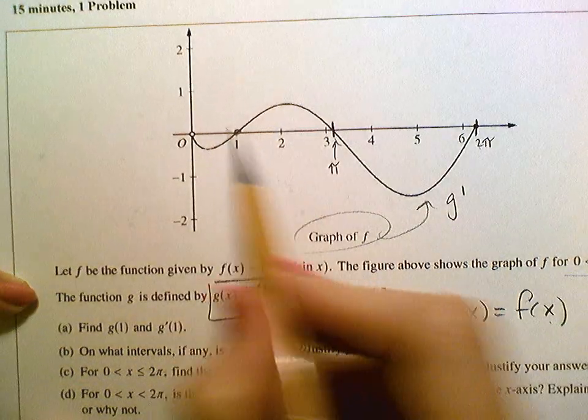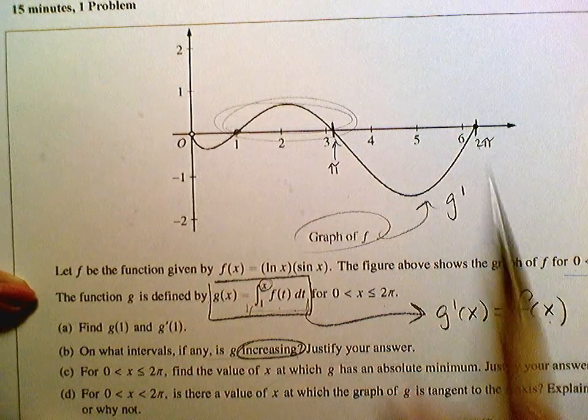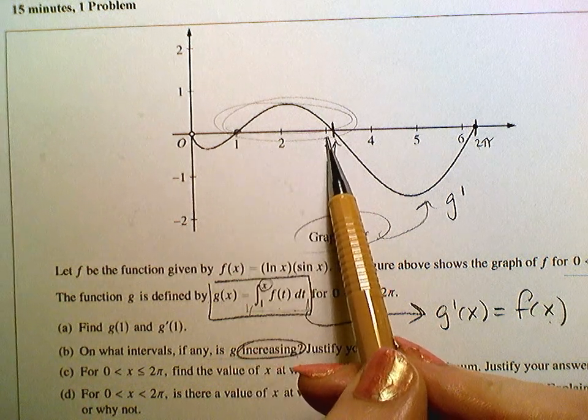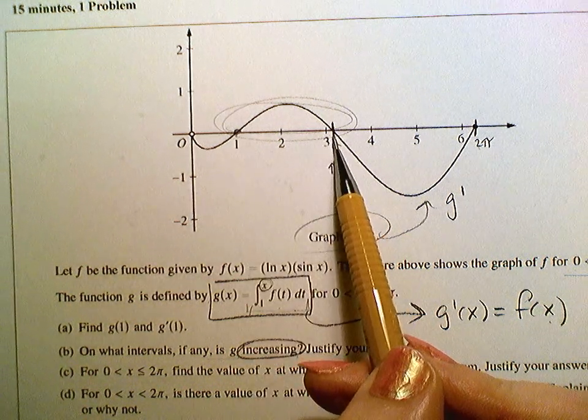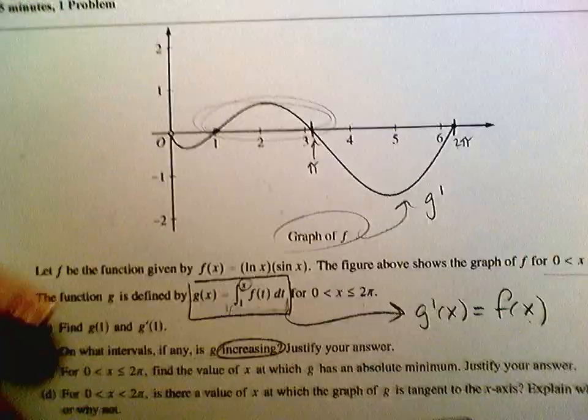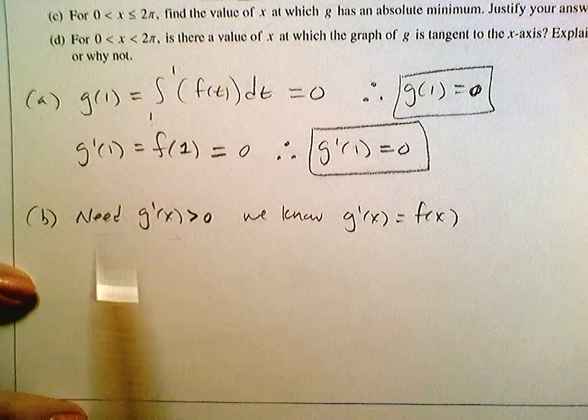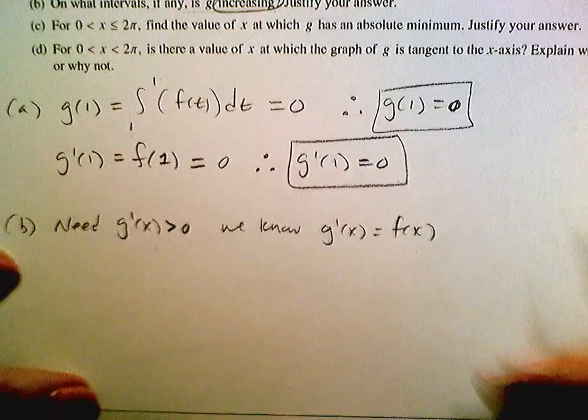And it is right here. And a lot of you tried to name this interval, but you said from 1 to about 3. And this value here is actually pi. So that's why I couldn't give you a point, although I wanted to. All right, so we need this. We know that.